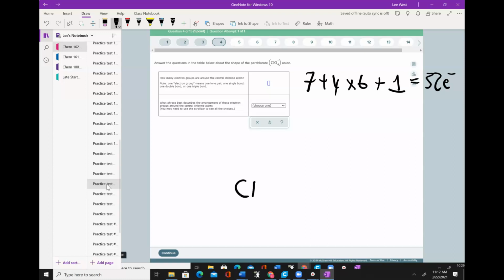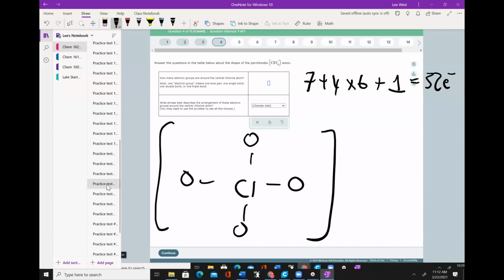So chlorine in the middle, oxygens on the outside. Note I'm not worrying about whether I need double bonds or triple bonds to get great formal charges, because I'm only interested in the number of electron groups here. So 2, 4, 6, 8 electrons just to get the general structure, leaves 24 electrons remaining.